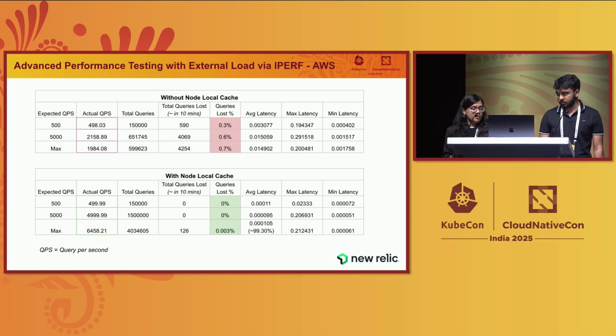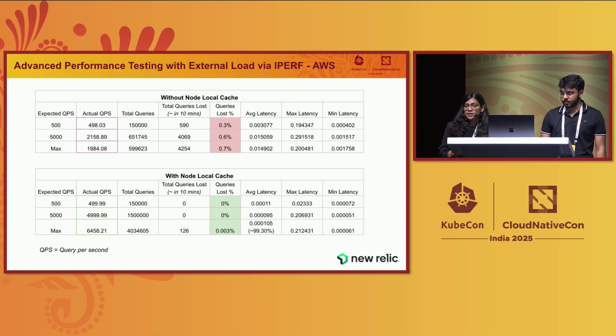Let's see table 2, where the cluster is tested with the Node Local Cache and the external load. At 500 and 5000 QPS levels, we saw 0% of queries lost, which is highly remarkable. And at maximum QPS, we saw a minimal 0.003% of queries lost.